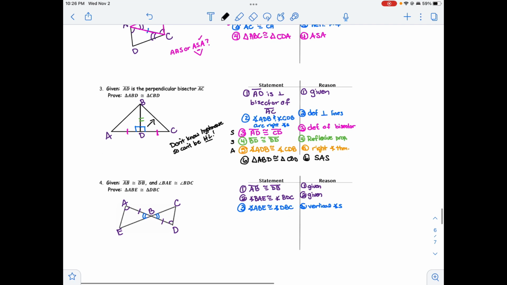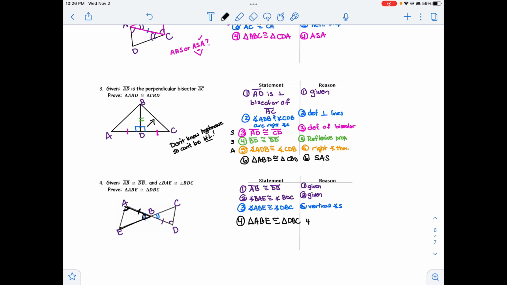Then for number 4, your final answer, when we think about after it's vertical, we can say our triangle ABE is congruent to triangle DBC, and the reason being we have an angle. So if we think about ABE, we have an angle, we have a side, and we have an angle, and the side is stuck between the two angles.